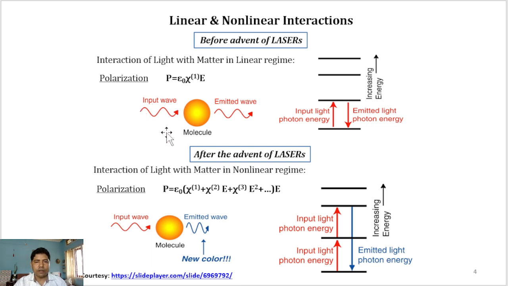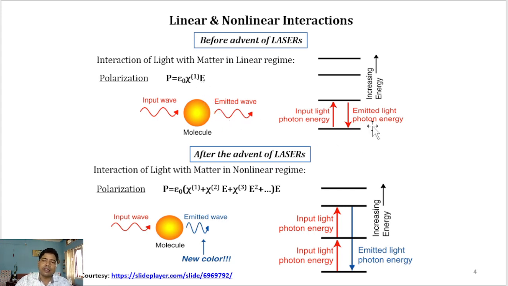We are using conventional light whose wavelength is in the red domain, and we are getting the emitted wave also of red color. Here the polarization has a linear relation with the electric field.